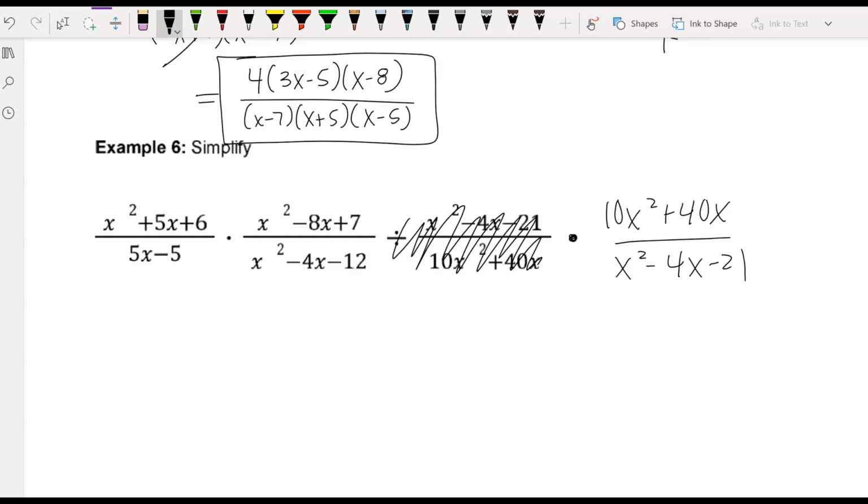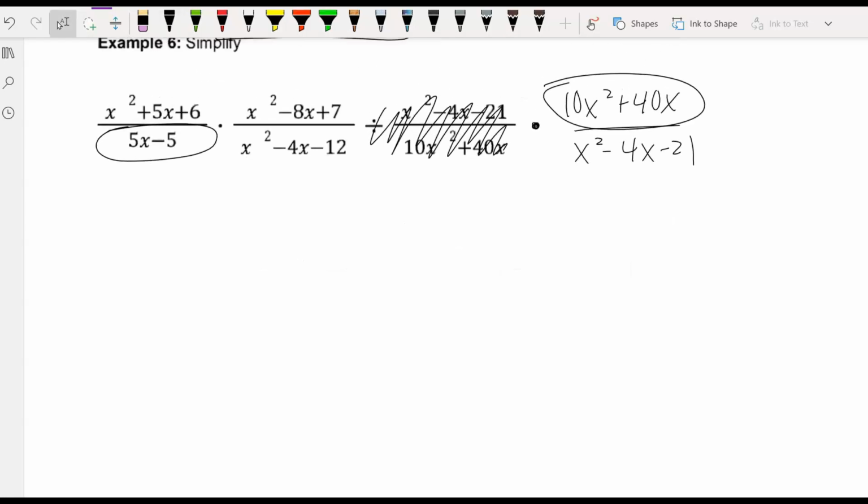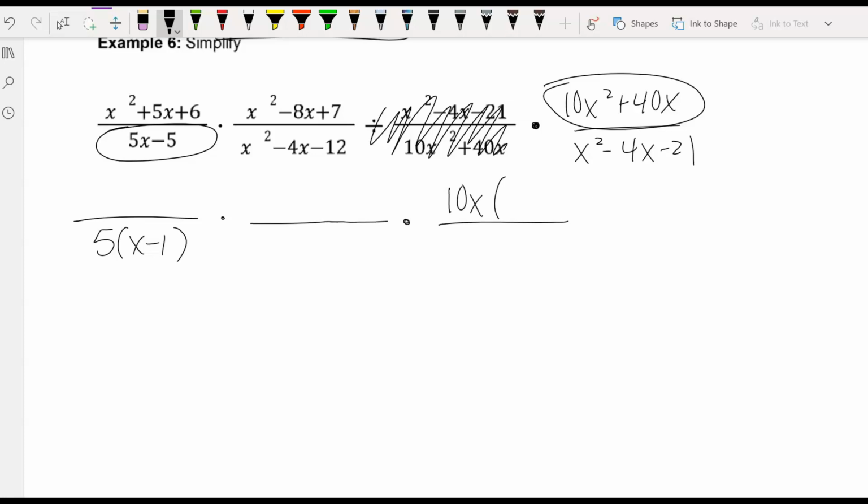So looking at all of our equations, we have a GCF here and here. So we have a 5 in common here. And then on that third one, we have a 10 and an x in common. So 10x. And then we'll have plus 4 left over.